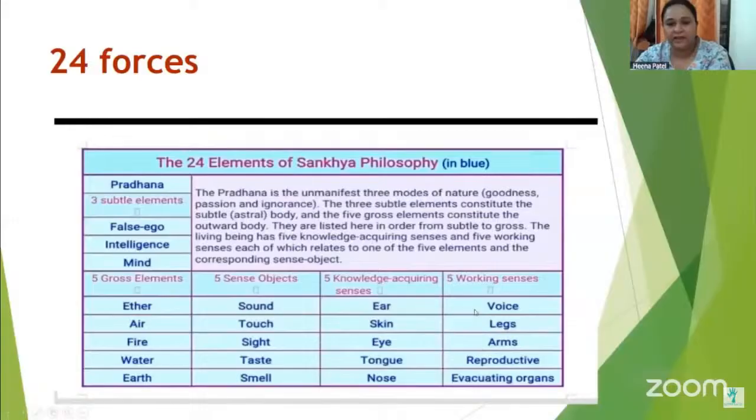These five basic functions are always needed, and they should be in a functional manner. Then only a human mind could be functional. These gross elements, that is ether, air, fire, water, and earth, are like a memory system. All the memories are stored in this area basically.